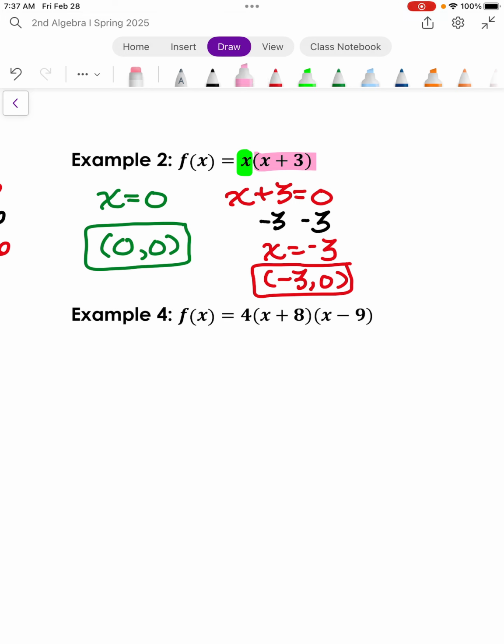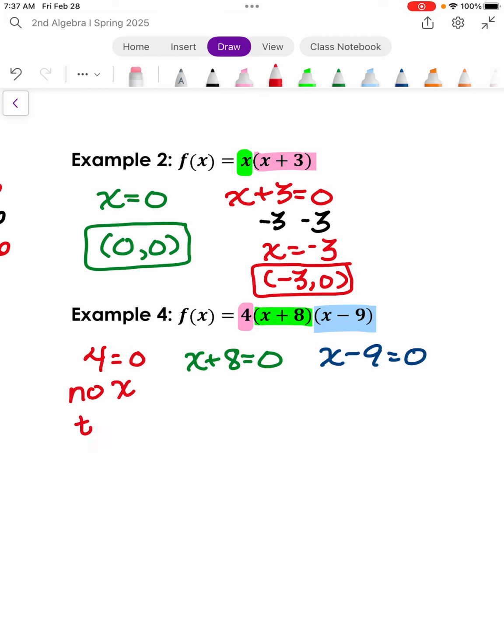For the fourth example, I have 3 factors. So I've got 4 equals 0, x plus 8 equals 0, and x minus 9 equals 0. For 4 equals 0, there's no x here to solve for.